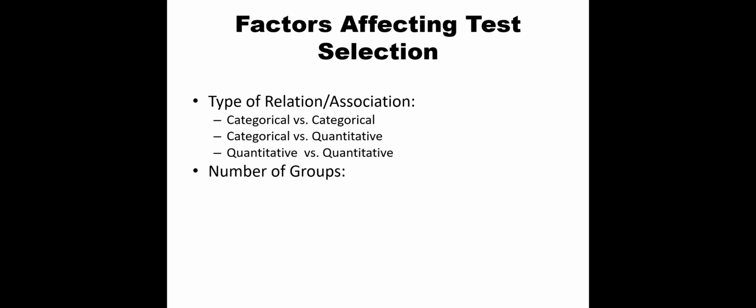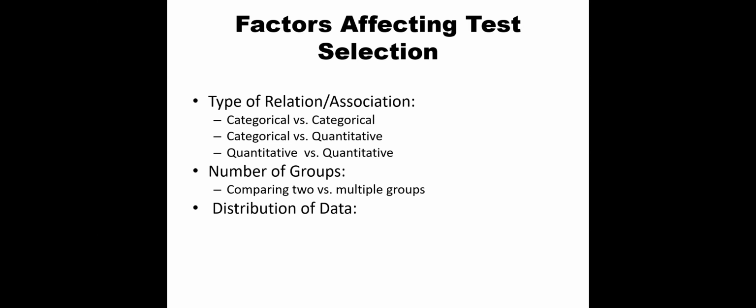Second thing, which is most important in deciding the test, is the number of groups. Number of groups means whether we are comparing between two groups or more than two groups. The test changes accordingly, comparing two versus multiple groups.